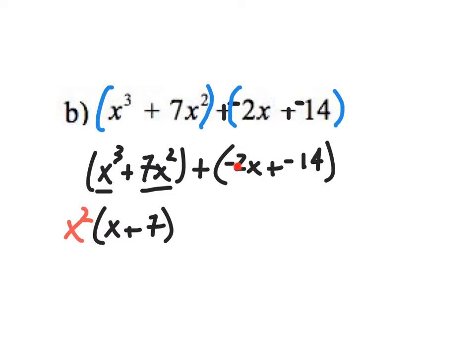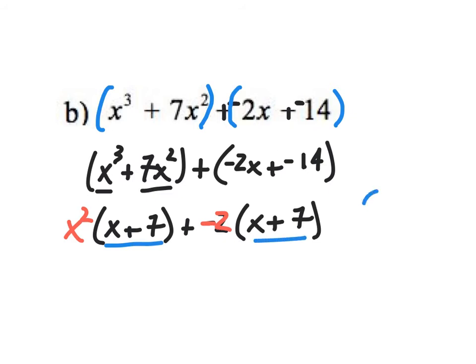But I could factor out a -2 from each of these, and the goal is I want it to match this. So I'm going to do plus -2 parenthesis and then x plus 7. That's the goal: I want this to be my common factor. So my greatest common factor out of this whole thing now is x plus 7.